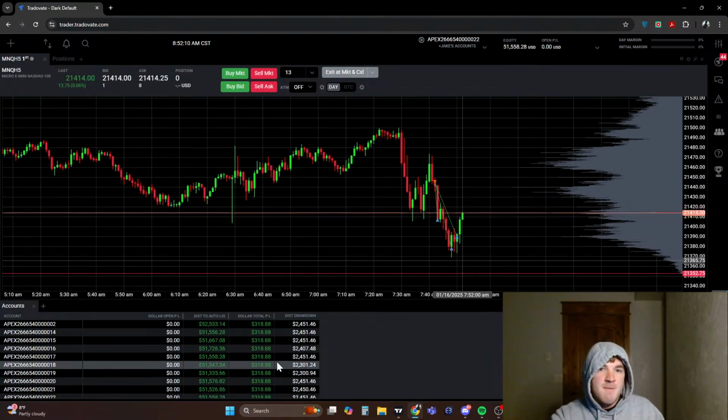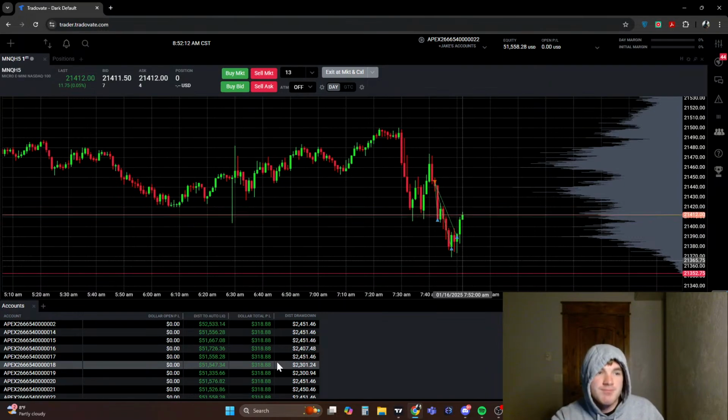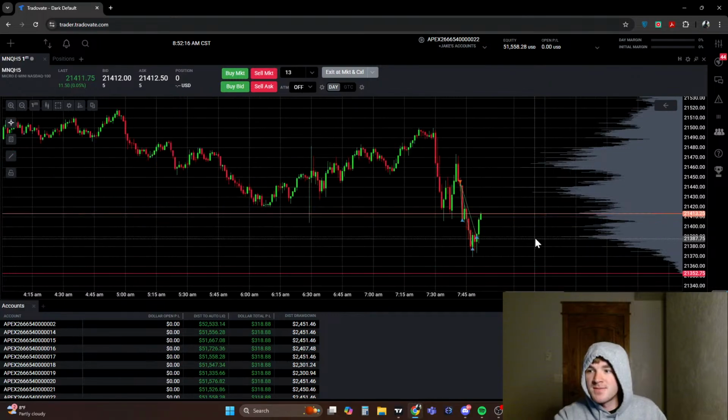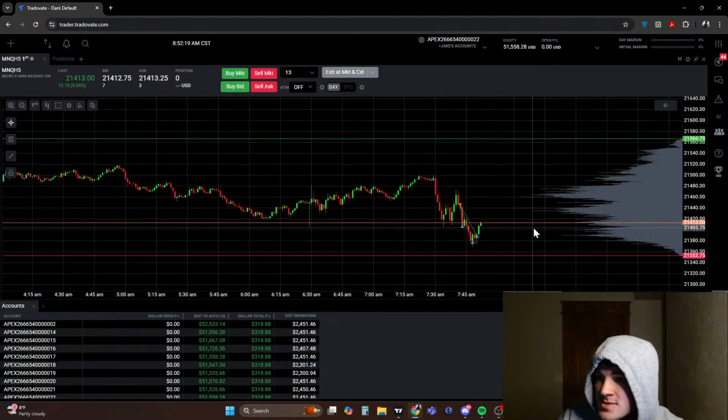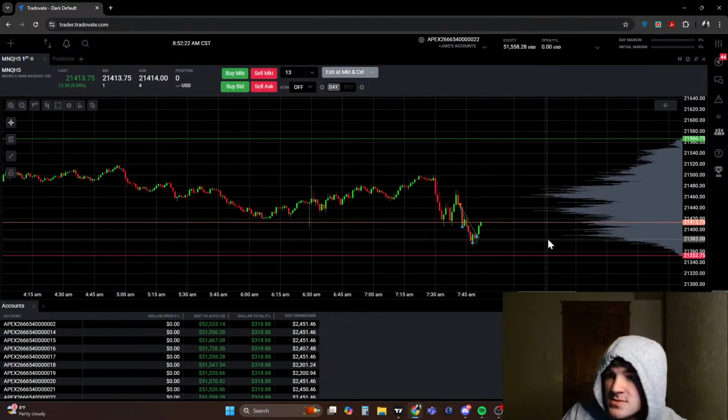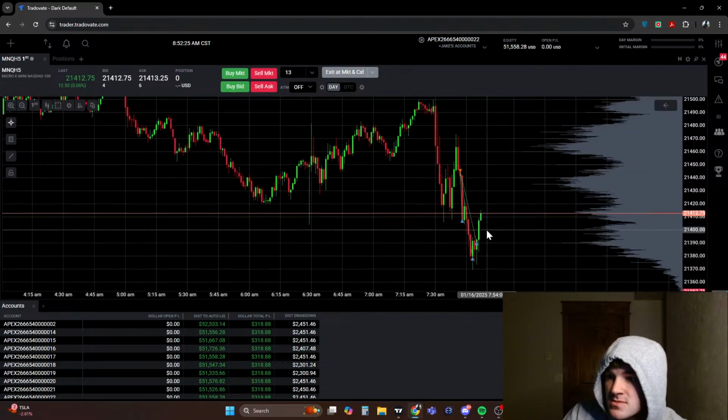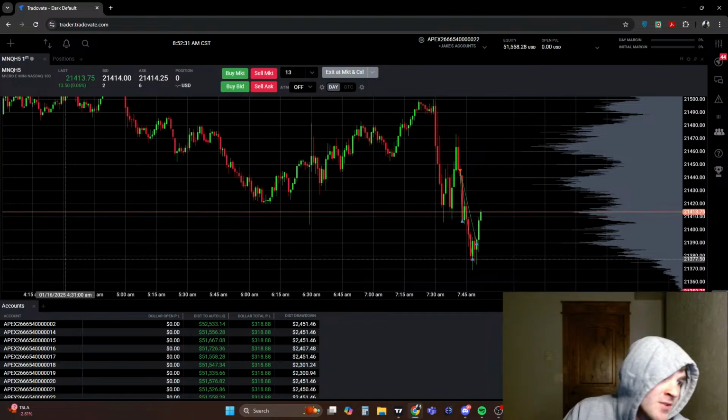But yeah, that's why I trailed my stop, because I just didn't trust it. But I do think we are going to go to the 4 to 4.5. At least I think we should, but we'll see.